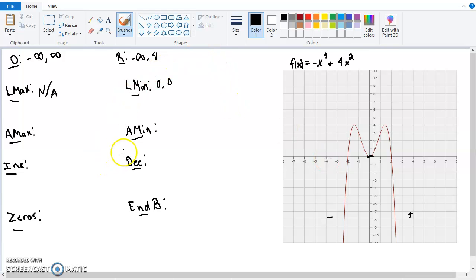Absolute max: when you put it in the graphing calculator to identify your absolute max, you will get negative 1.41 and 4, and in the second parentheses you want positive 1.41 and 4.